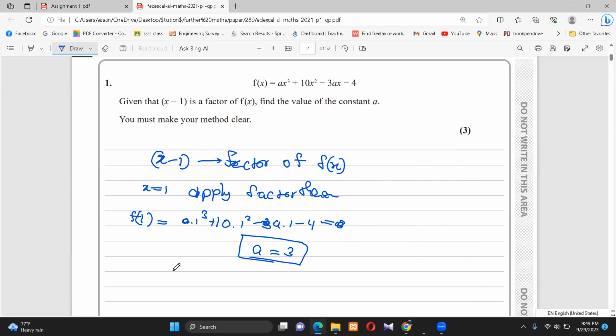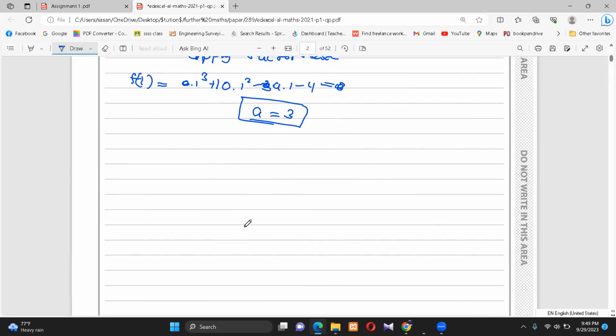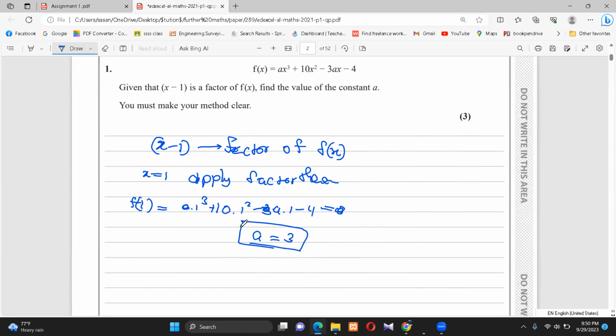Then I'll show you the alternative method. You will be given marks for showing these steps: write the theorem you have used, then the method and answer. You will be given 3 marks for that: M1 for the method, then the accurate answer A1.